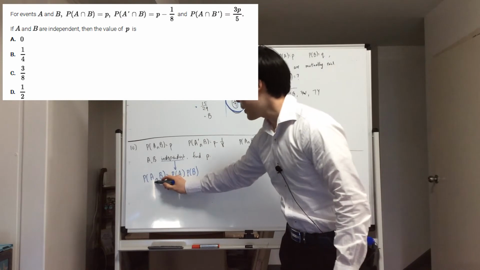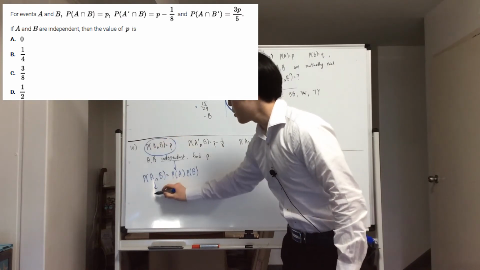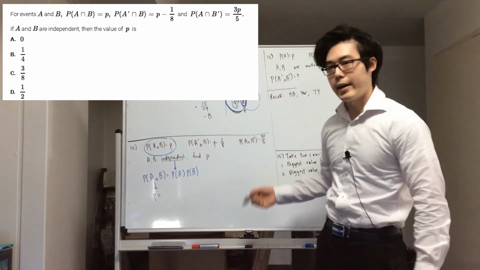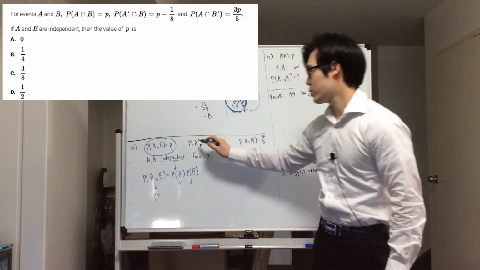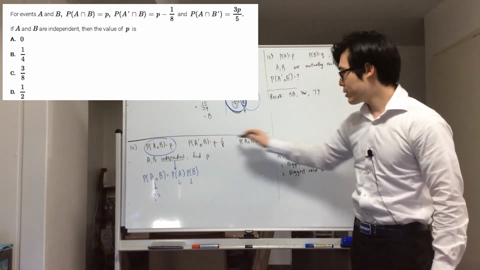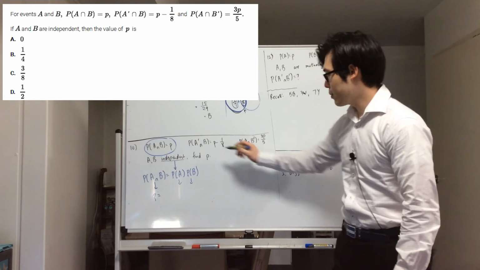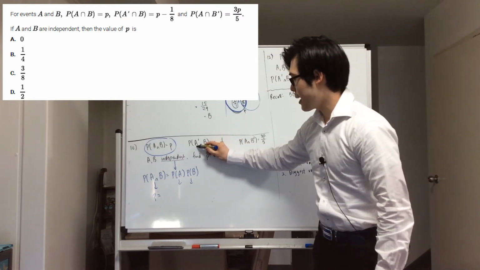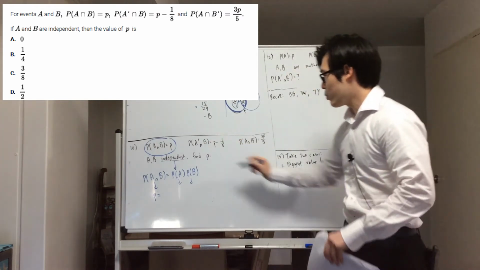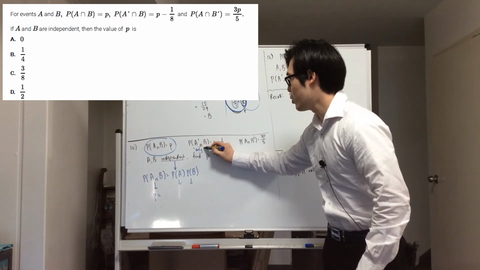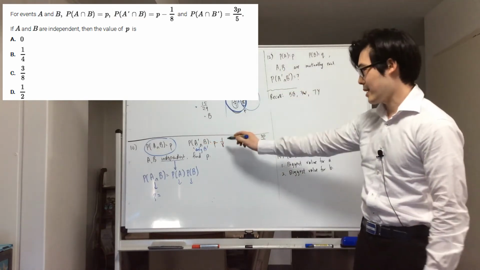As we know from here, because we're given this, we know this is P. Now our task is to find these two because we don't have them, but we'll use that to find those. So, girls, remember this means not A and B. That really means here, only B is that.